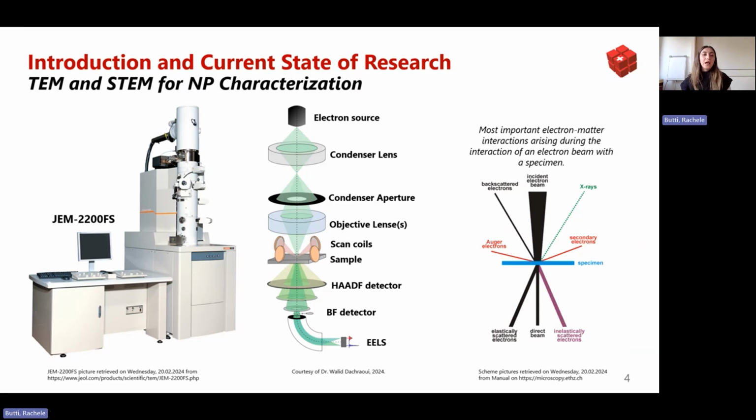For example, if we want to analyze heavier elements, we will use the high-angle annular dark field detector, or if we want to have a look at lighter elements, then we will use the bright field or the annular dark field detectors. And in combination with EDX and EELS, we can also get the chemical composition and the morphology of the sample of interest.